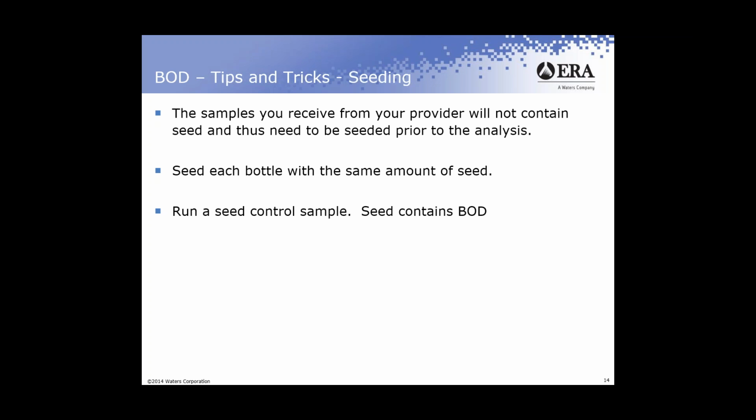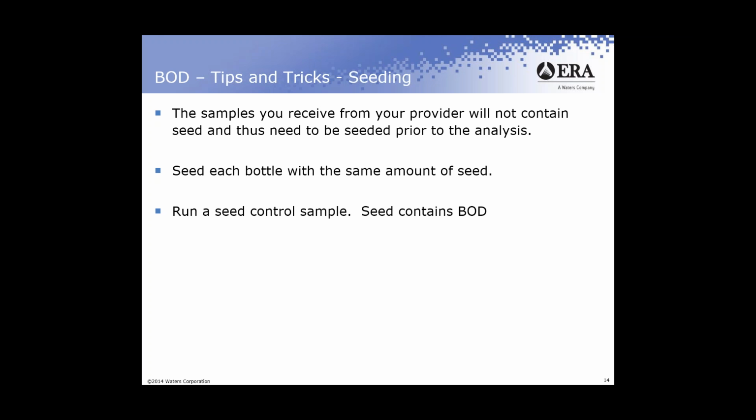Make sure that the seed is of good quality and it's consistent. You want to make sure that it's not overloaded with nitrifying bacteria, but has a mix of both nitrifying and carbonaceous bacteria so that you'll have a good, consistent uptake. The amount of seed you're going to use is going to depend on the strength of the seed itself.